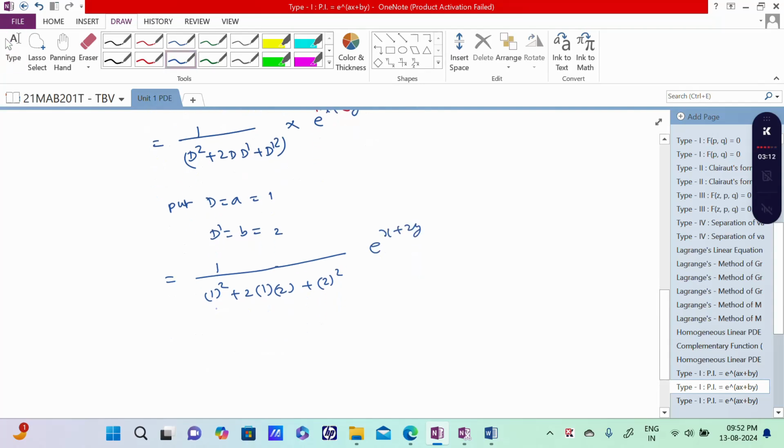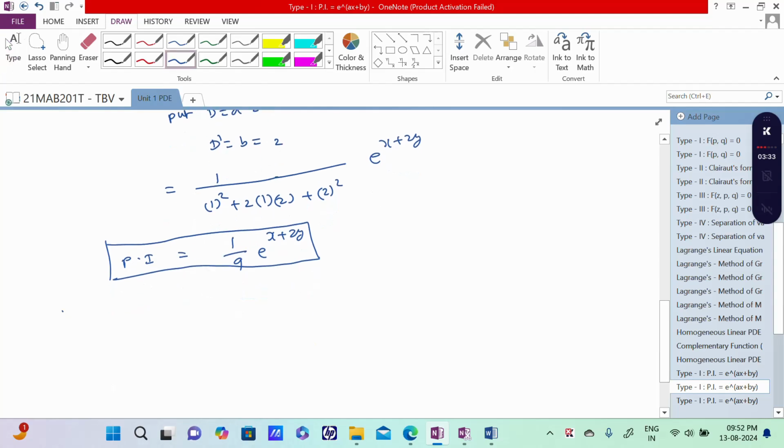Now 1 divided by 1 plus 4 plus 4, that is 9. Therefore 1 divided by 9 e power x plus 2y. This is our particular integral value. The final general solution is z equal to CF plus PI.